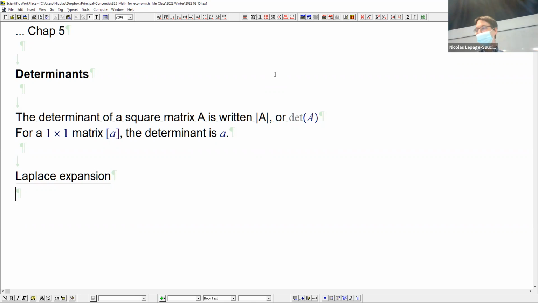Okay, so today we continue on our journey towards finding out whether systems have solutions. Last time I didn't really introduce all that many new concepts. I barely tried to make a link between the old vector thing and linear independence of vectors, and linear independence of algebra itself and the determinant.